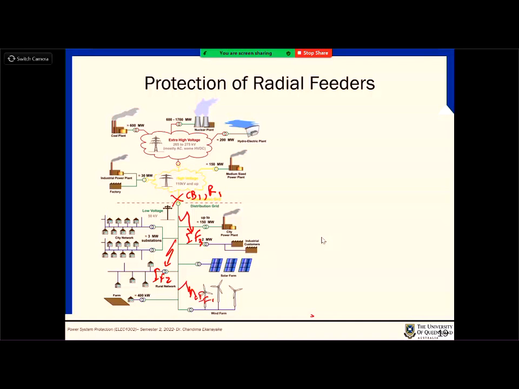I can have some sort of clearance, but then the amount of money that I have to spend every week, probably I have to send someone. Can I avoid thunderstorms? No, no way. Can I avoid, let's say, someone doing wrongdoing, someone putting something on the line and then it's disconnected?